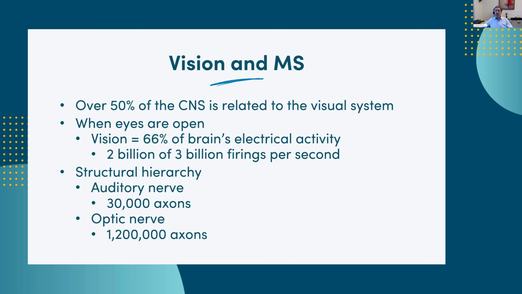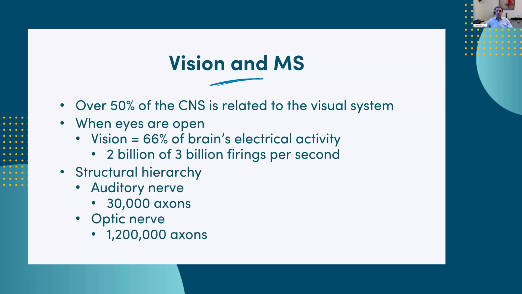As a further example of how important the visual system is, we can talk about the structural hierarchy. And by that, I mean, if you think about the auditory nerve, that is the nerve that sends information from your ear to your brain so you can hear, that auditory nerve is made up by 30,000 axons or 30,000 individual nerve cells. That is quite a lot.